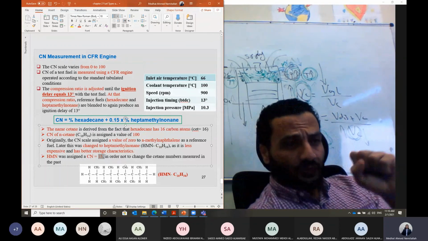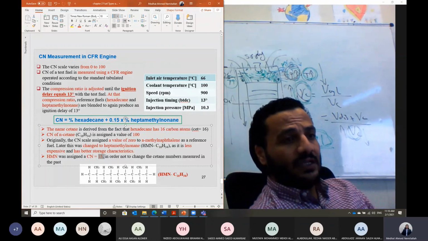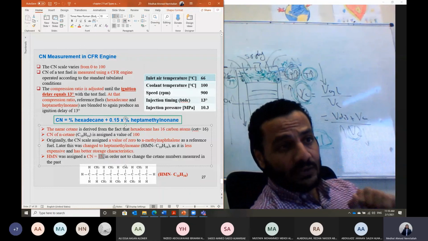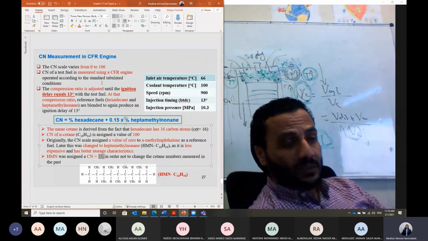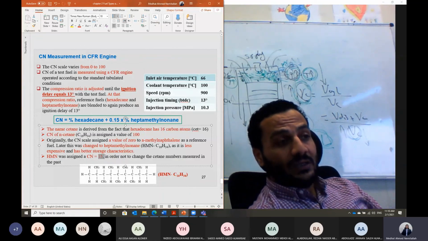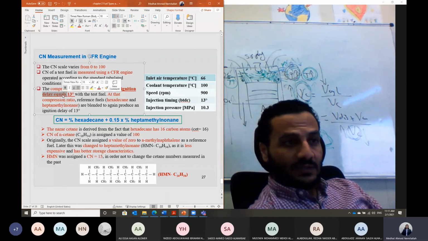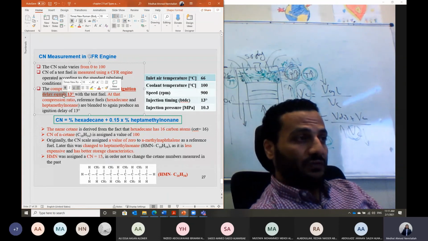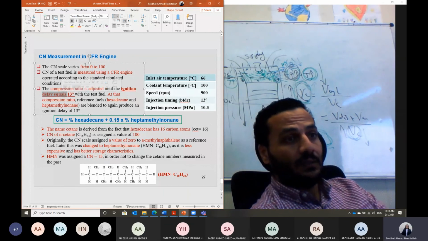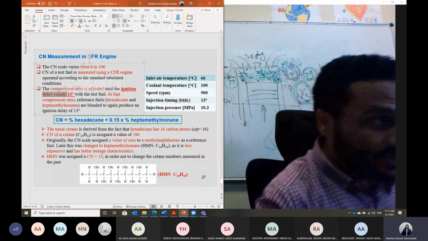Then we get a mixture of these fuels, let's say 90% and 10%, or 80% and 20%, and then start testing this fuel in this engine. Does it result in the same ignition delay period? If yes, that means this composition of the fuel represents the cetane number of the test fuel.